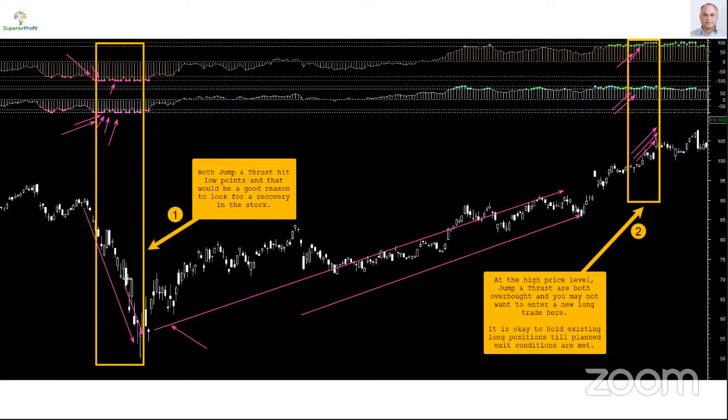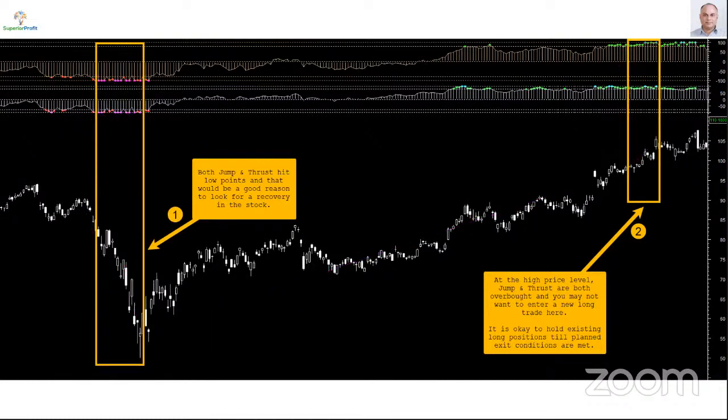We would look to buy at, in this case, extreme low extension and with element of intensity, not just pendulum low. So we have pendulum for extension, jump and thrust extension with intensity.